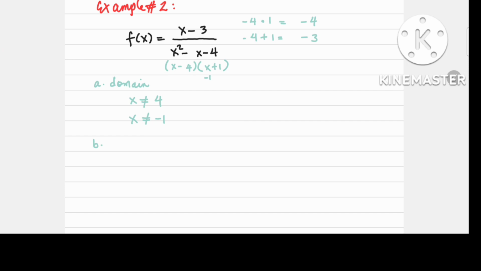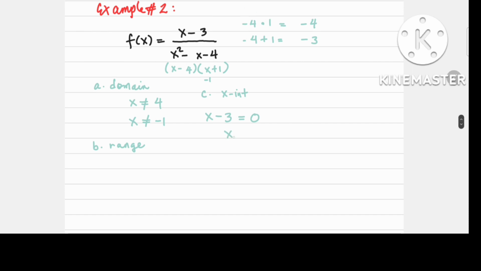Now we go back to finding the range later. So let's proceed to finding the x-intercept. To find the x-intercept, actually what we do here is we just equate the numerator of the function to 0 and we solve for the value of x that will make this equation true. What value of x will make it true? Of course, it is 3.